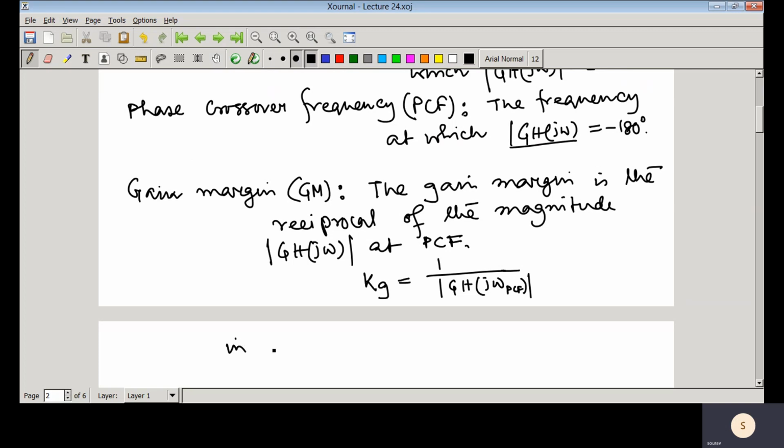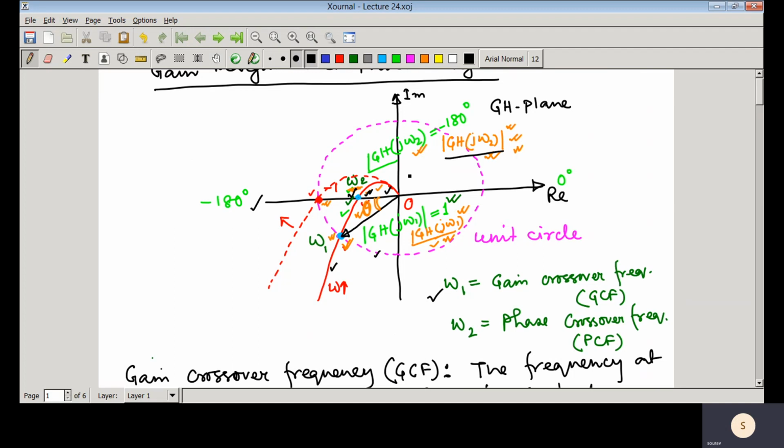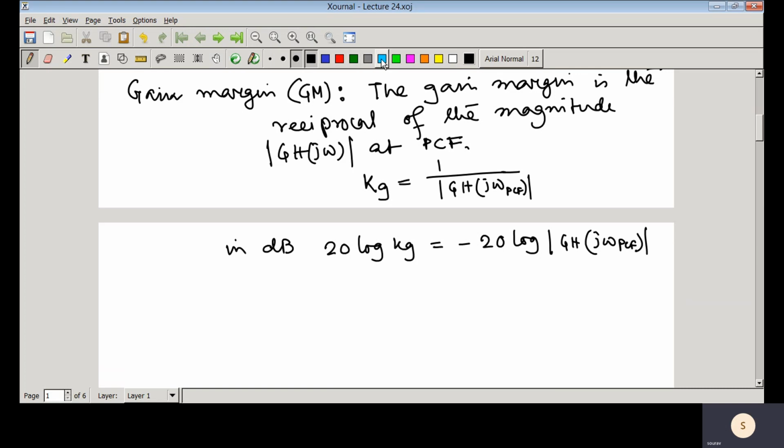So in dB scale, it would be 20 log Kg, and this one is minus 20 log GH(jω) at PCF. And from here you can see that this gain is less than 1, and when it is less than 1, so basically that would be negative. Log of that value 0.1, 0.2 like that, that would be negative. So negative, negative, it would be positive.